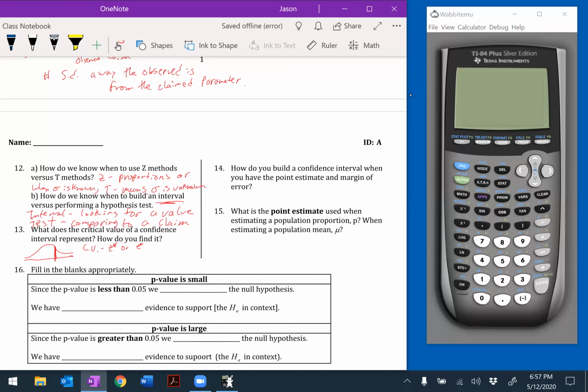That critical value is found by the number of standard deviations away from the parameter that we're looking for. Okay, the parameter.